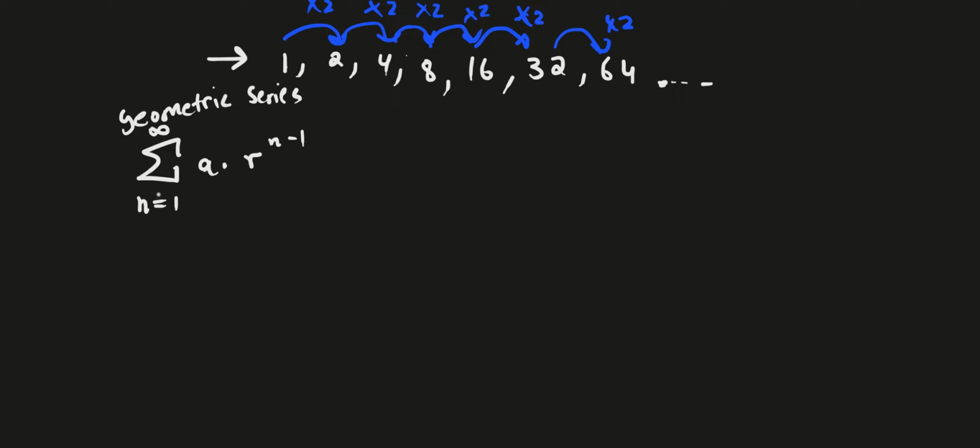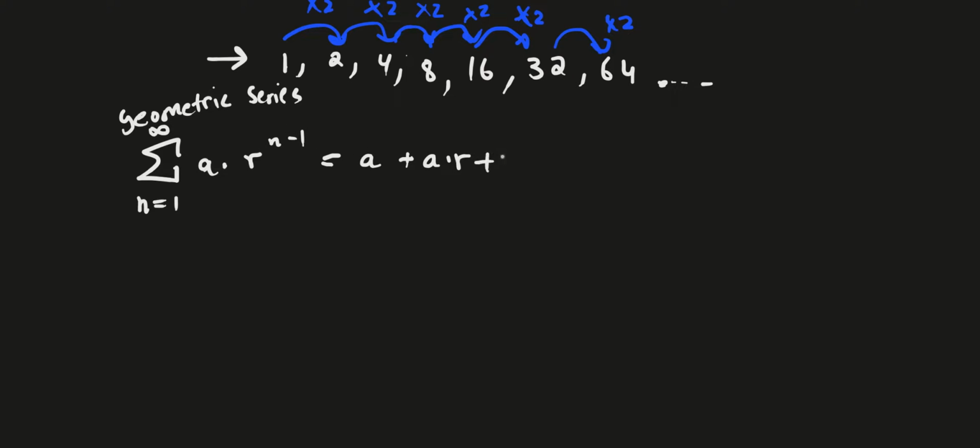When you keep counting up, with n equals 1, n equals 2, you raise r to the power of n minus 1. So let me expand this here. When n equals 1, we have 1 minus 1, which is 0, so r to the 0 is just 1, and you end up with a. And then when n equals 2, you just have a times r, because r to the 1 is r.